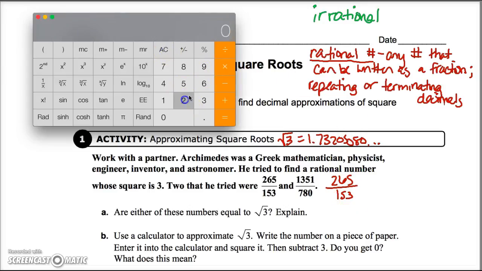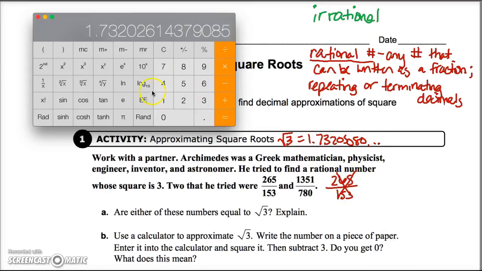So on my calculator, 265 divided by 153, and you get 1.7320, but here's where it changes: 26143. The first 4 numbers after the decimal are the same, but after that it changes. So this one would not be equal. It's really close, but it's not equal.